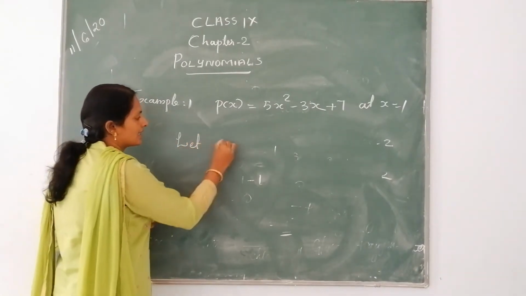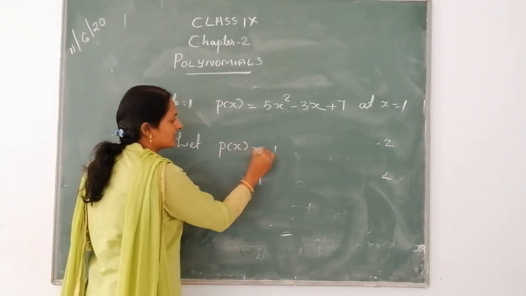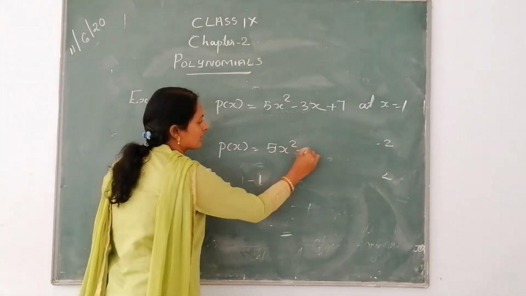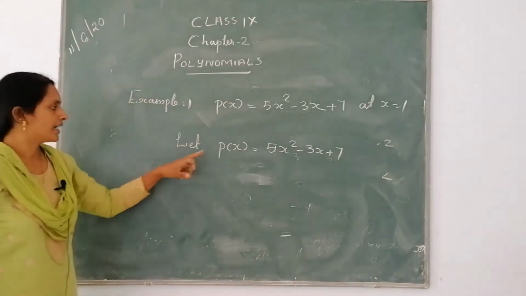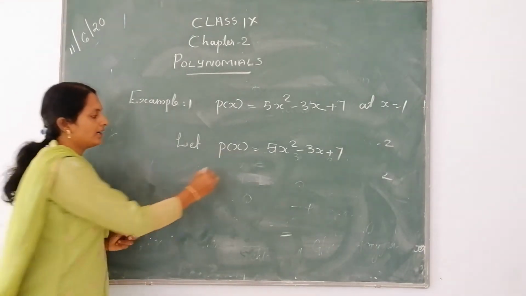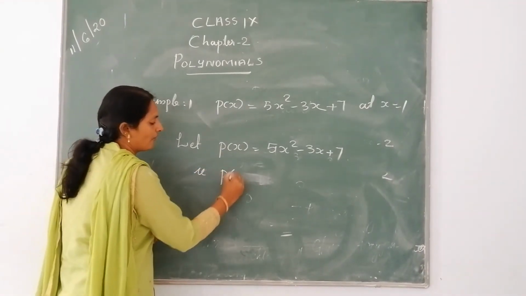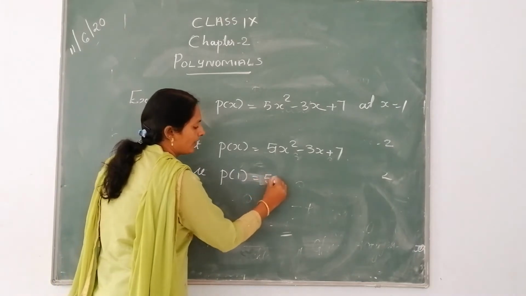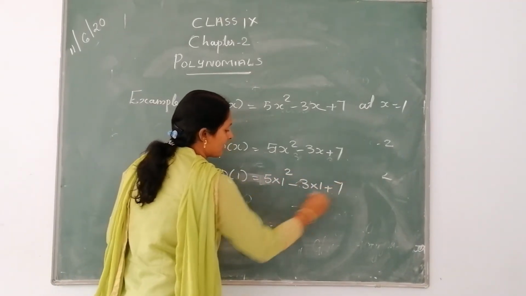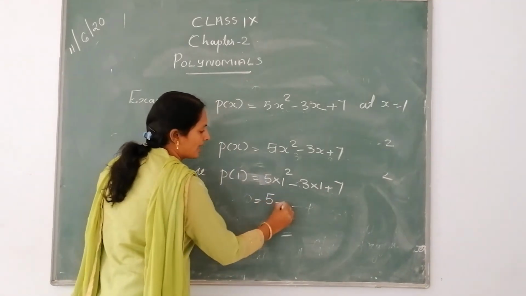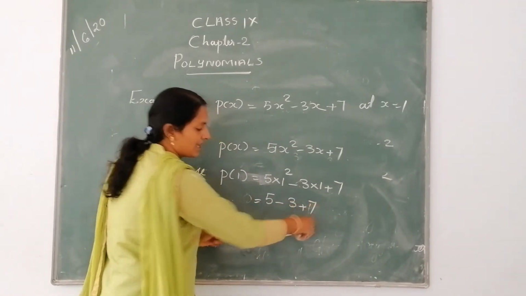Let us consider the polynomial P of x is equal to 5x square minus 3x plus 7. We will replace x by 1, that is P of 1 is equal to 5 into 1 square minus 3 into 1 plus 7, that is 5 minus 3 plus 7.